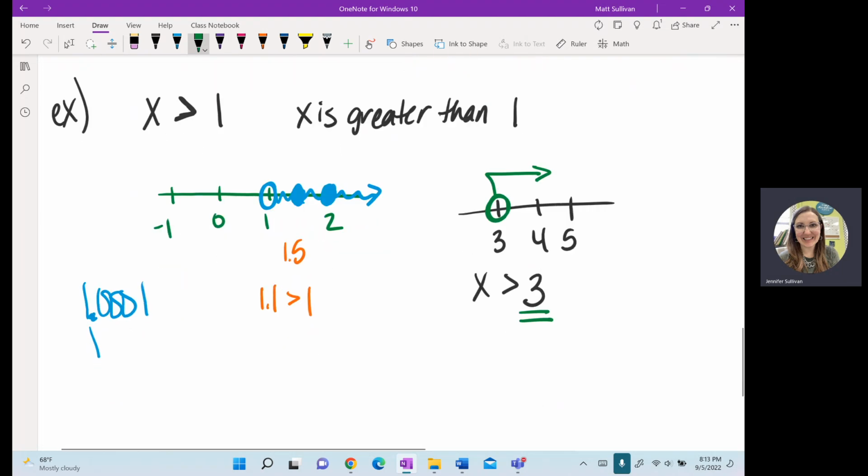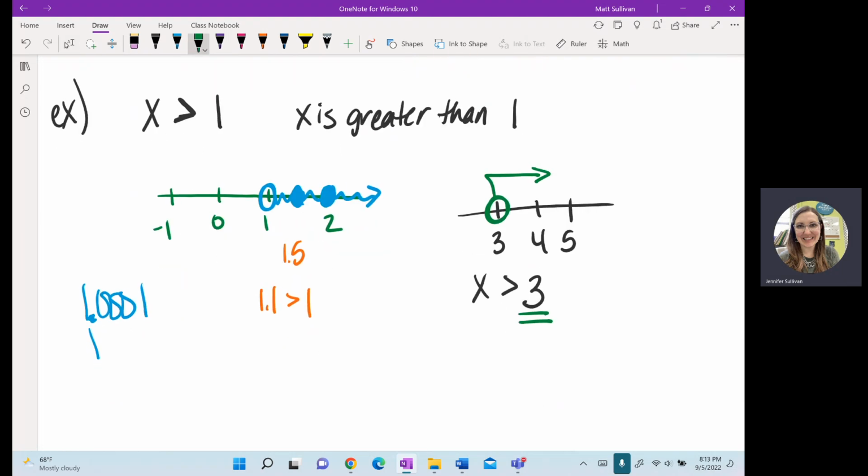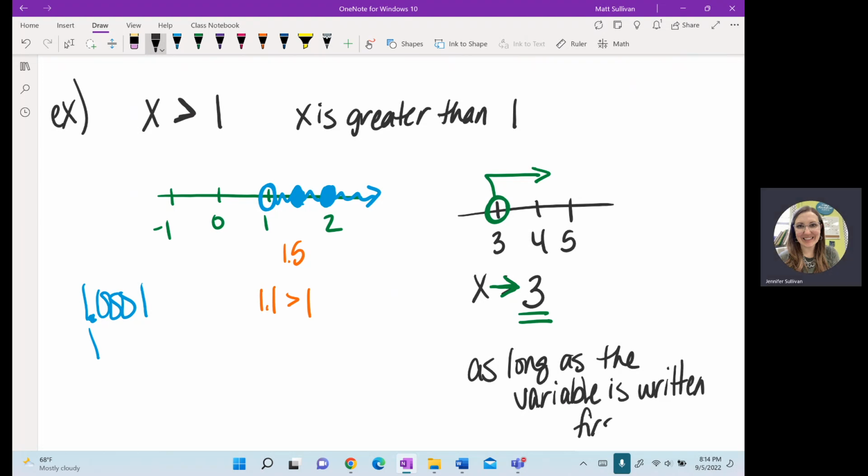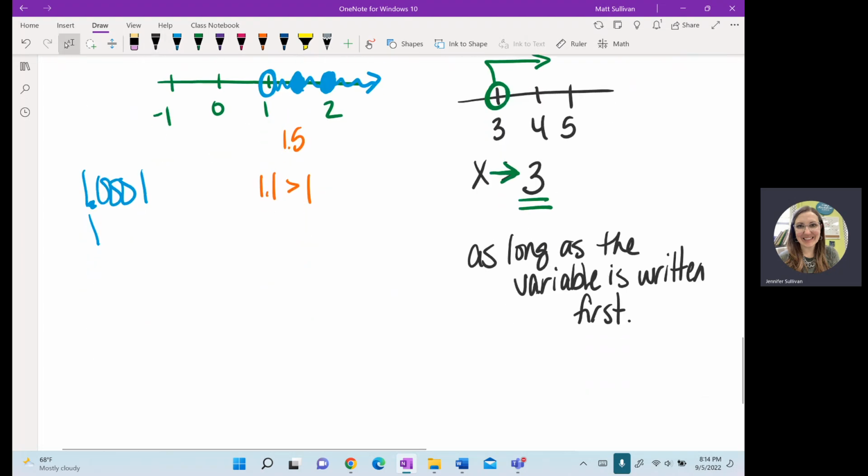One more little tip is that when we look at our inequality sign, if I put a little line through here, my symbol is going to tell me which direction to shade. Now, that only works as long as the variable is written first. What I mean by that is, if I were to write an example, how about this one?